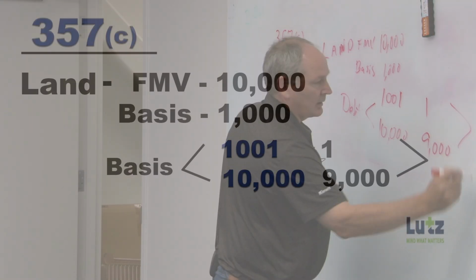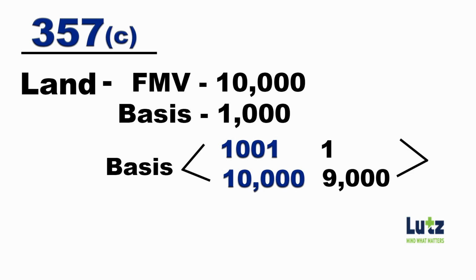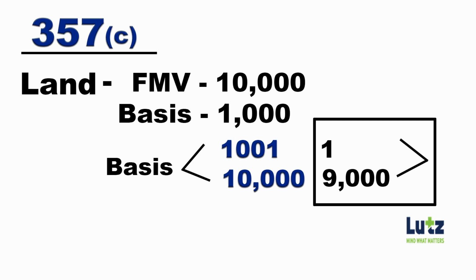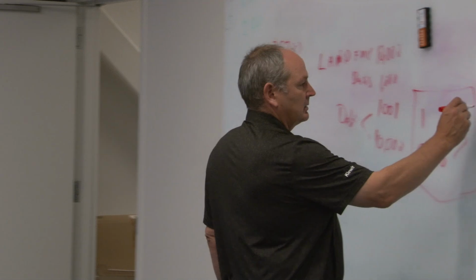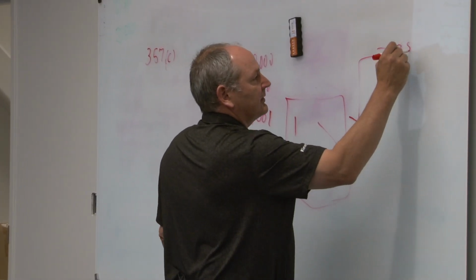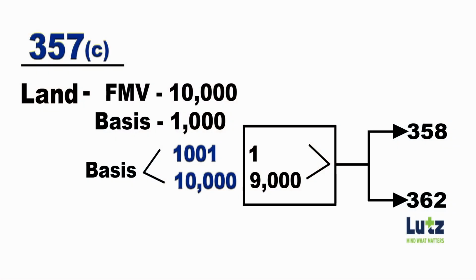So, the reason we first diagnose whether it's taxable or tax deferred, and then we use 357C to diagnose whether we have debt in excess of basis, is I want to know if that gain number exists. That gain number affects 358 and 362.